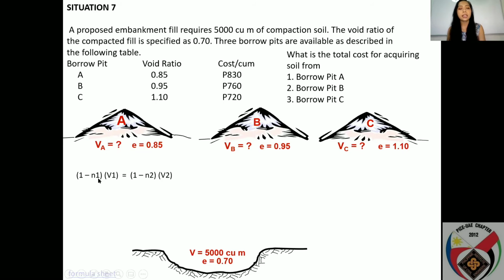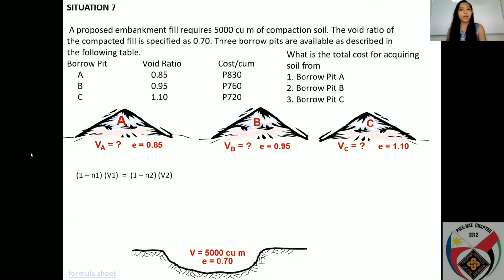N1 and V1 are the porosity and volume of one location, and N2 and V2 are the porosity and volume respectively of the other location. Because you want to get the volume at this specific void ratio or porosity.